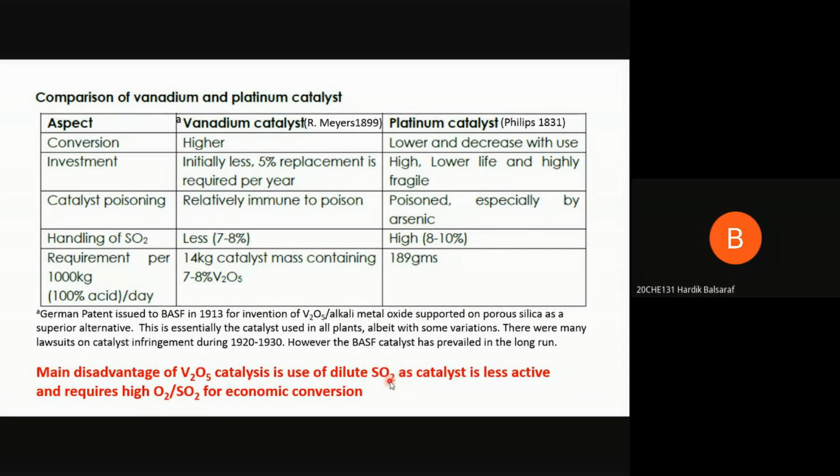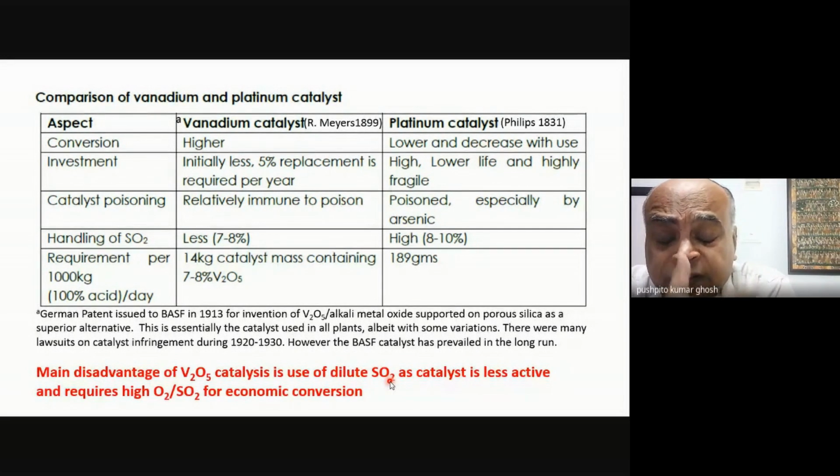Yes, sir. So, if the rate of the reaction is very strongly dependent on the oxygen concentration, then as my oxygen, the oxygen in the air, is getting consumed, my rate is going to fall off precipitously.